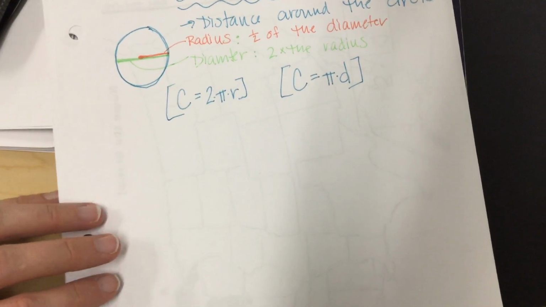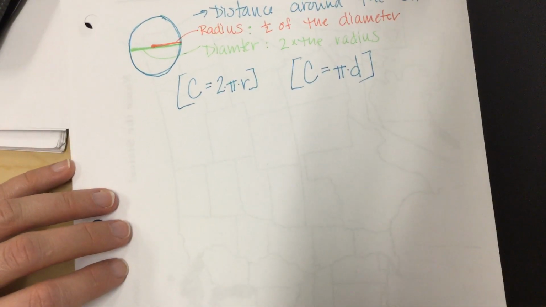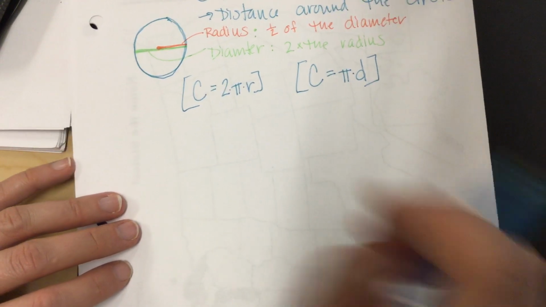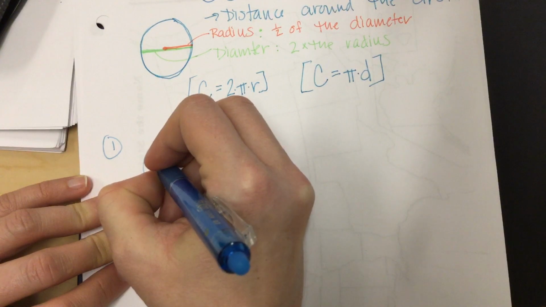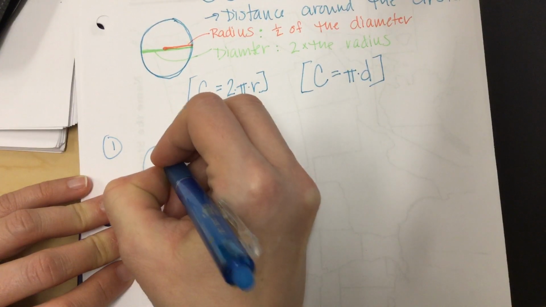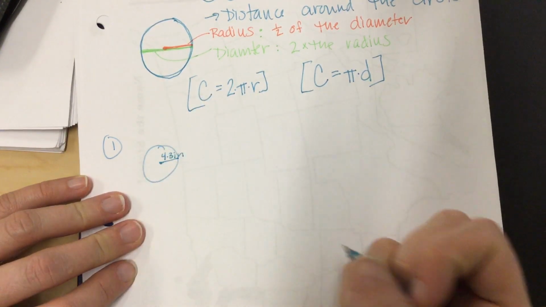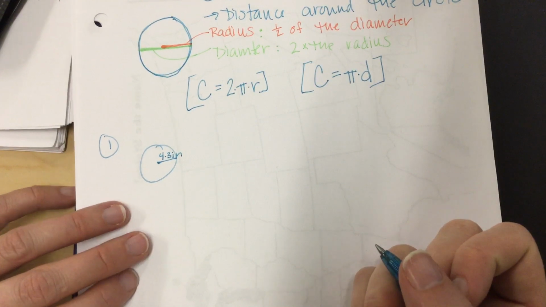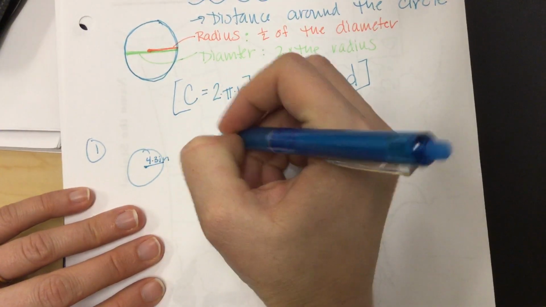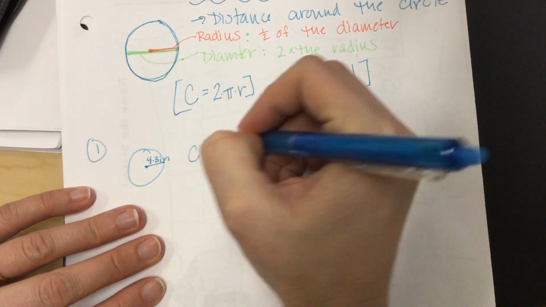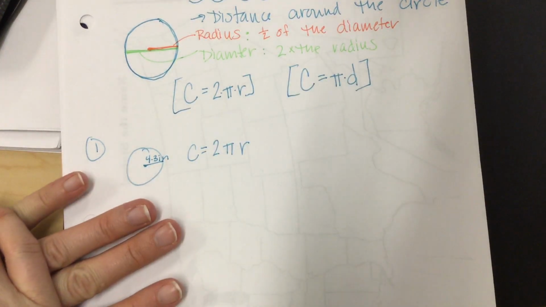All right, so to do some examples, the very first example, number 1, this circle is going to have a radius of 4.3 inches. So I'm going to first write down the equation that I want to use, and that is that the circumference is equal to 2 times pi times our radius.